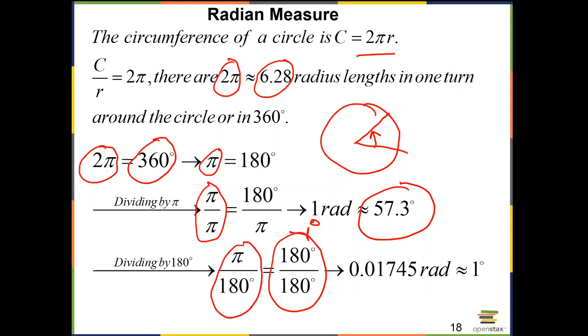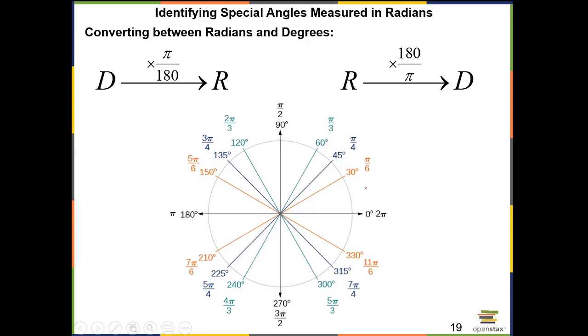That means 3.14 divided by 180, which is this small number. 1 degree is really, really small, kind of hard to actually draw. 1 degree is 0.017 radian, a very small number. So if you want to convert from degrees to radians, you just multiply by pi over 180. If you want to convert from radians to degrees, you multiply by 180 over pi.